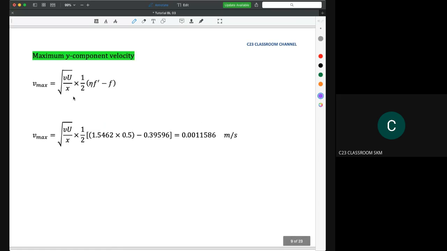And then we go for the maximum y component velocity. Here it is actually the component velocity. If our molecule travels from here to here, in ideal flow, you know that it has a u component here and a v component here. Again, here it has a u component and a v component. In this question, we need to calculate the value of the maximum y component velocity.